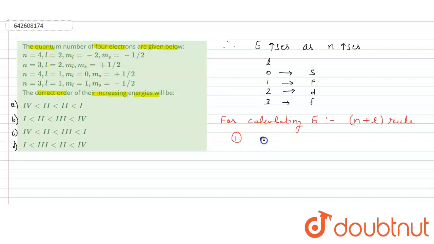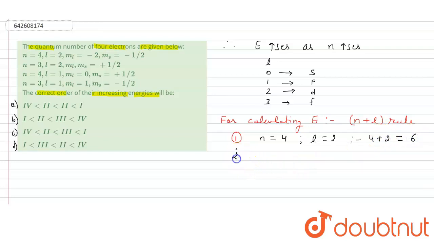So according to the n plus L rule, the energy comes out to be 4 plus 2, that is 6.